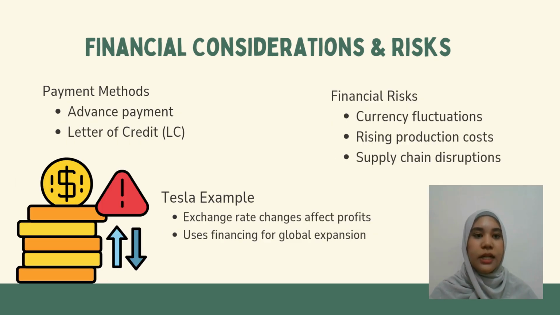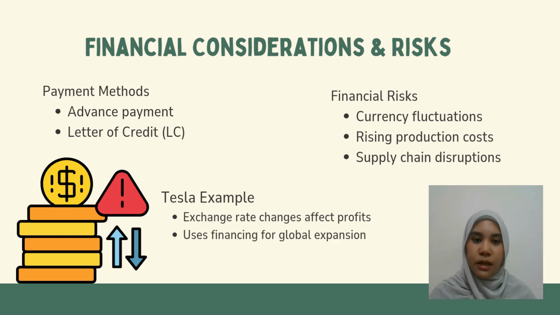And also the next one is financial consideration and also risk. For financial, the business can use payment methods such as advance payments and letters of credit. This is due to the financial risk when doing export and import business, such as currency fluctuation, because we are doing business in a different country using a different currency, and also rising production costs and supply chain disruption.